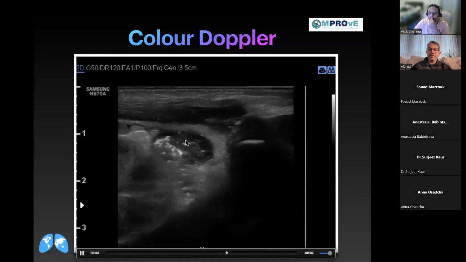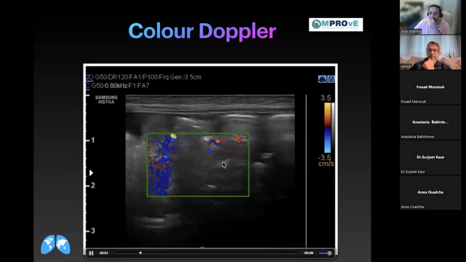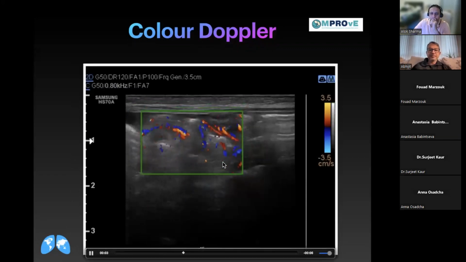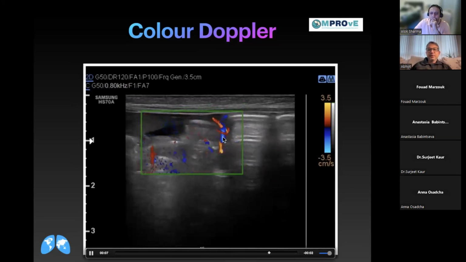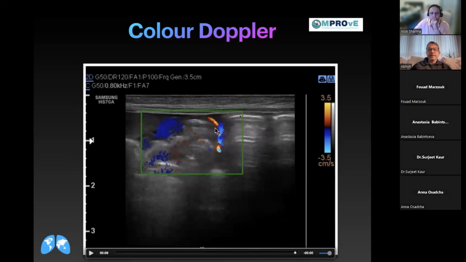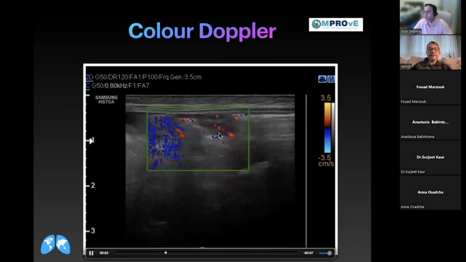So that's not a collapsed area. How do we know it's a consolidated area? Because we did the Doppler. Now, that's quite significant blood flow. You can see the vessels coming up. So this is quite a significant blood flow in that area.